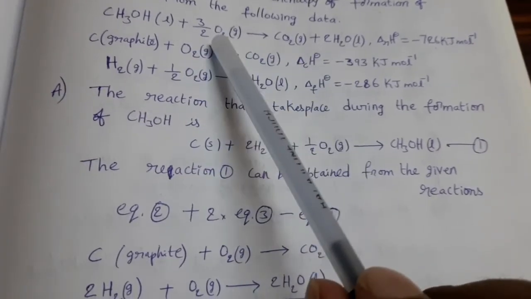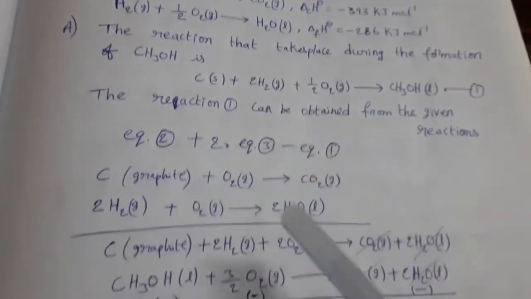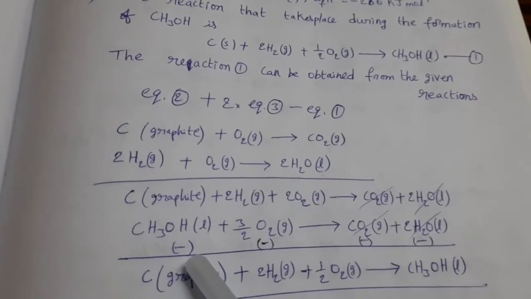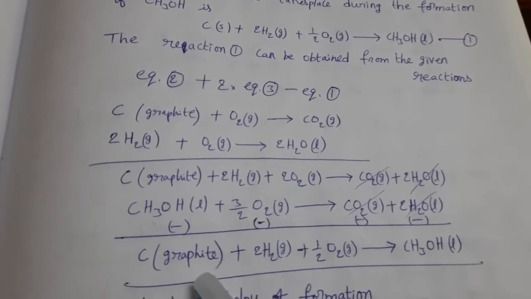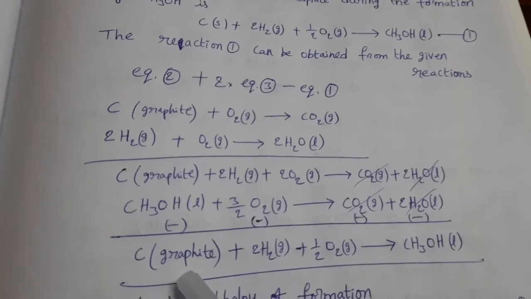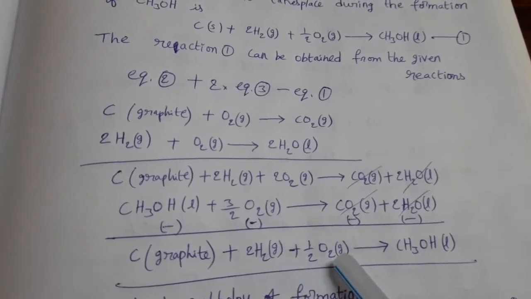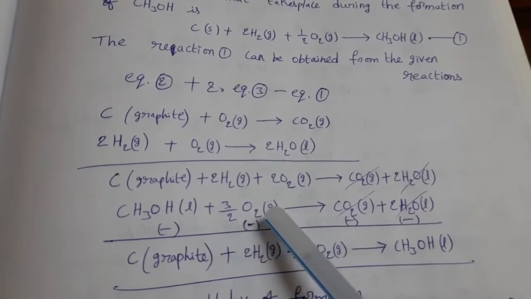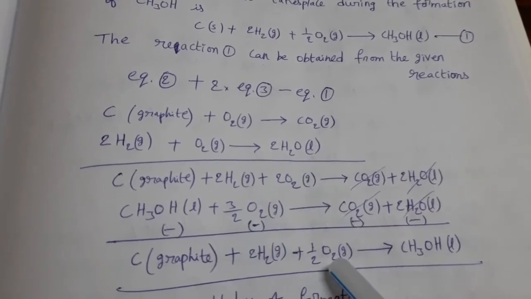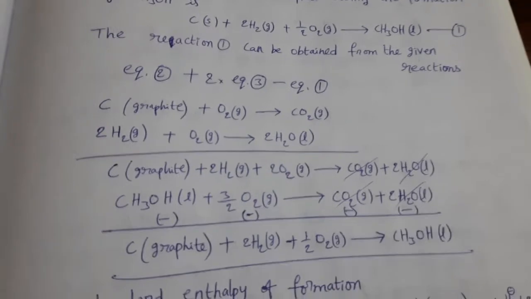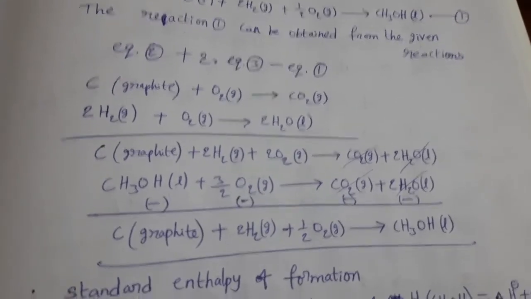So this equation we should subtract. That means the signs will be changed. So finally we can get carbon in the form of graphite plus 2H2 plus half O2, from 3/2O2 and 2O2. By doing calculation we can get half O2 gives rise to CH3OH.